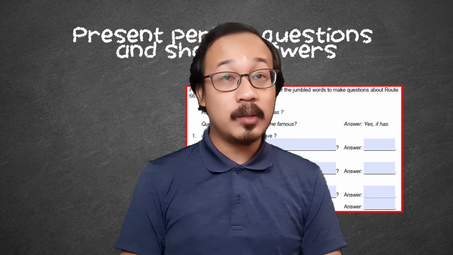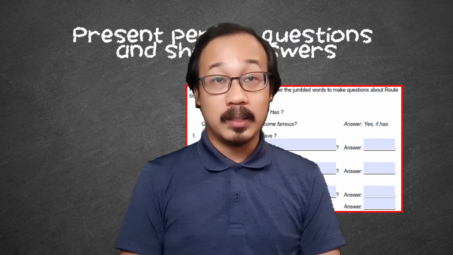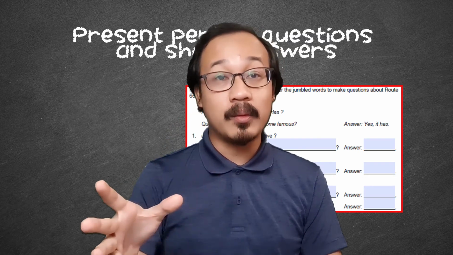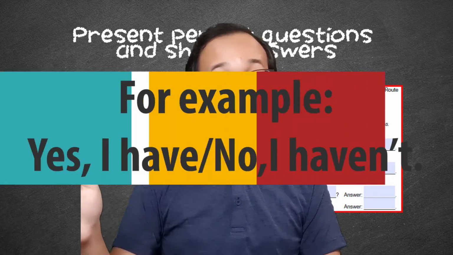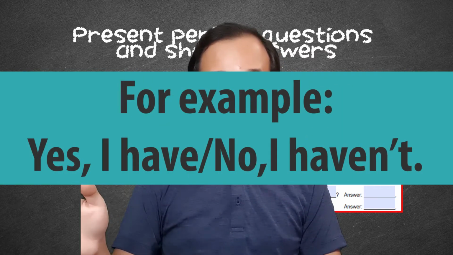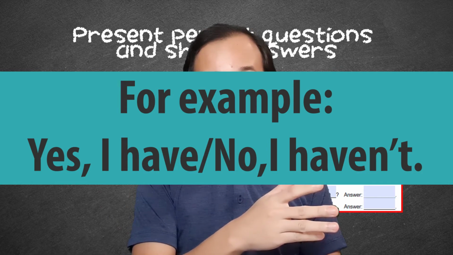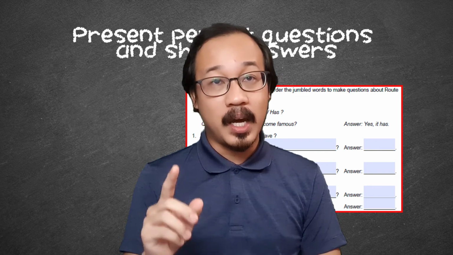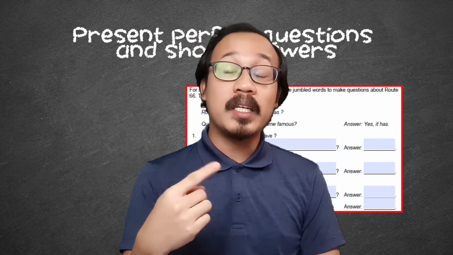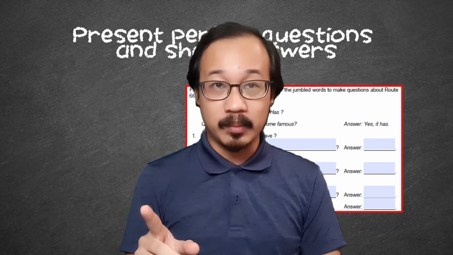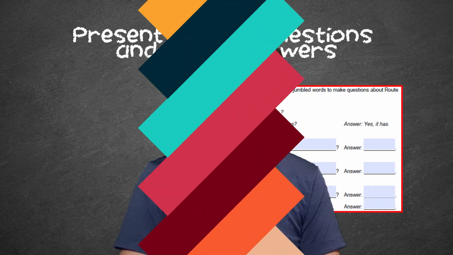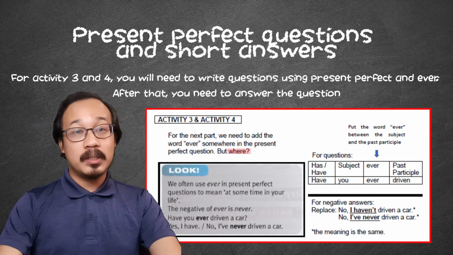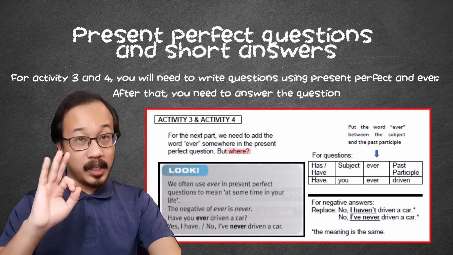And then you complete it with have or have not, or has or has not, depending on your subject. Now remember, you can use the contractions haven't or hasn't for negative answers, but you can't use them for positive answers. Now that we have completed activity 2, let's take a look at activity 3.